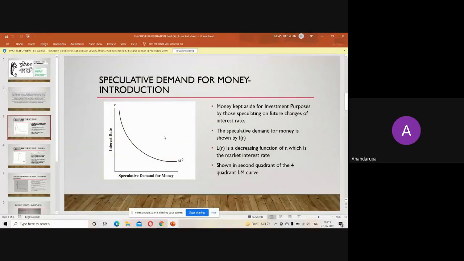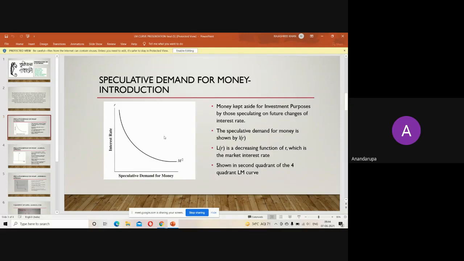Since O3 is not here, I will just give an introduction to this slide. First we are met with the question: what is speculative demand for money? In simple terms, speculative demand for money is the money kept aside by investors for speculative investments in the money market, on the basis of speculations in the interest rate.